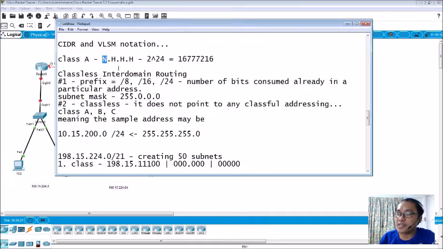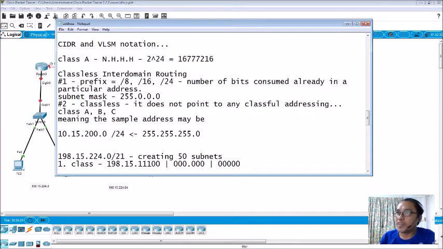That's why it is labeled as N. If it is class B, that will be 16, therefore it's N.N.H.H, and class C is N.N.N.H. So for each octet, you have already consumed those bits until the 24th. That makes it a prefix to that particular address.